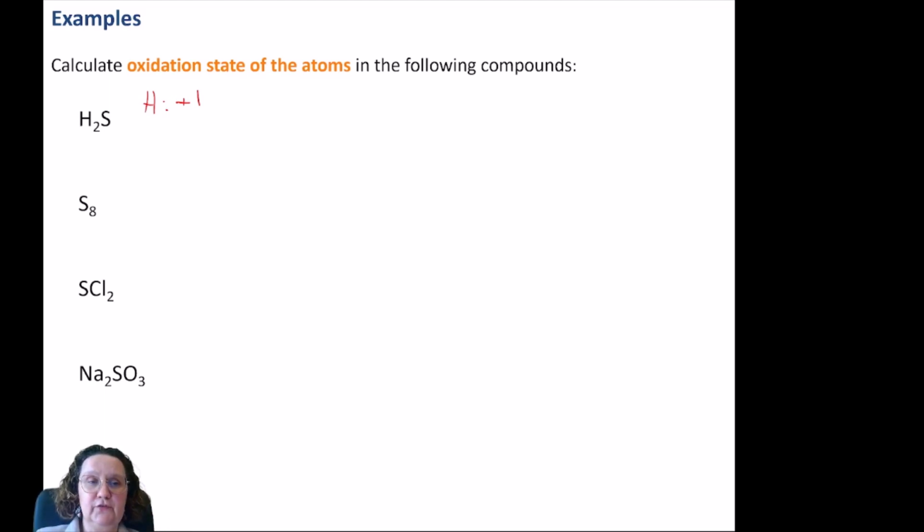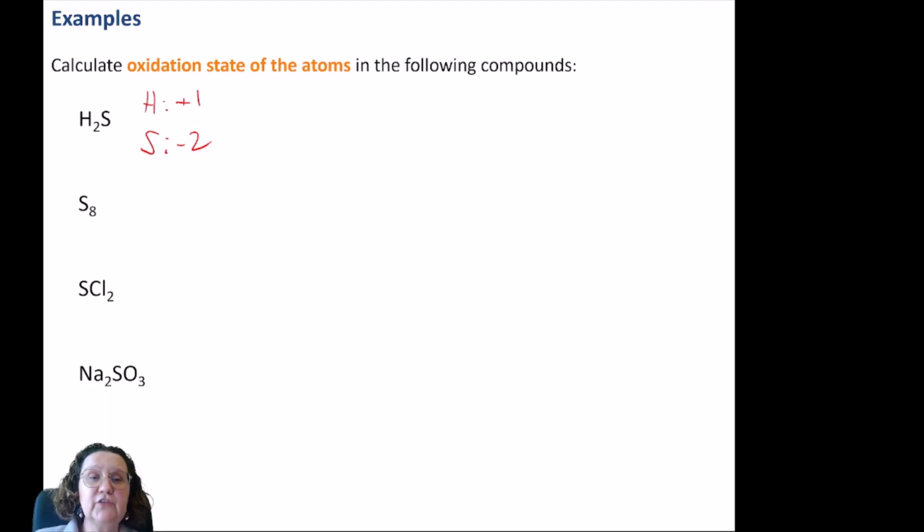Now I look at the sulfur. I've got 2 hydrogens in my compound, and each of them has lost control of 1 electron. And that compound is neutral, so it doesn't have any charge. So the only way for those 2 hydrogens to have lost control of 1 electron each, with respect to how they would be if they were on their own, is for the sulfur to have gained control of those 2 electrons.